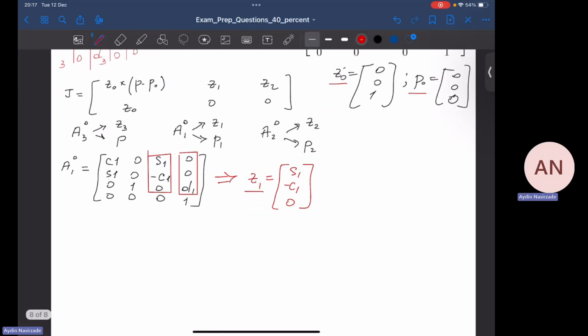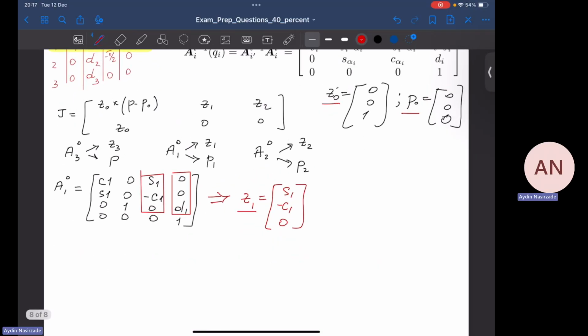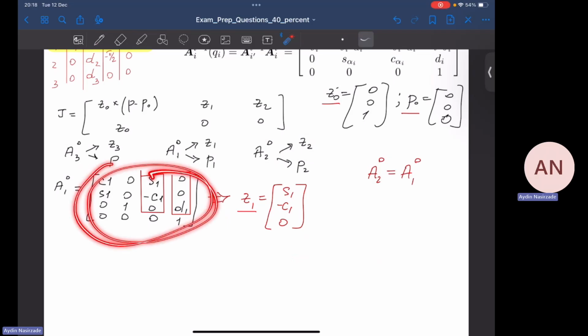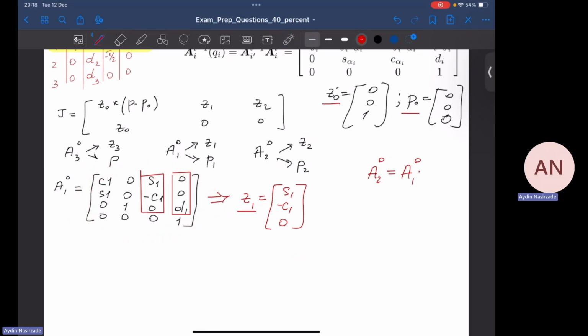Let's move on and find A2 to 0, because I know that from A2 to 0, I can get Z2 as well. At the same time, I know that A2 to 0 is equal to what? A1 to 0, which is already given, right? Times, according to the composition rule, A2 to 1.